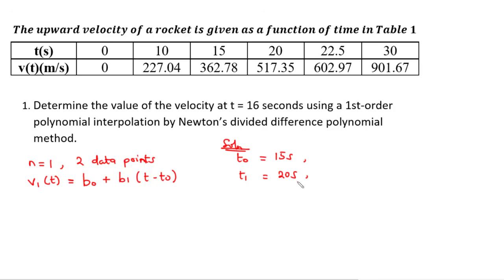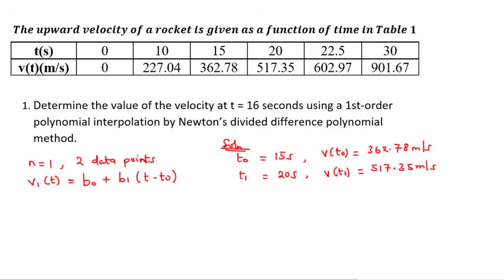For these two time values we have their corresponding velocities: v of t0 is 362.78 meters per second, and v of t1 is 517.35 meters per second. So these are the respective velocities for the times t0 and t1.